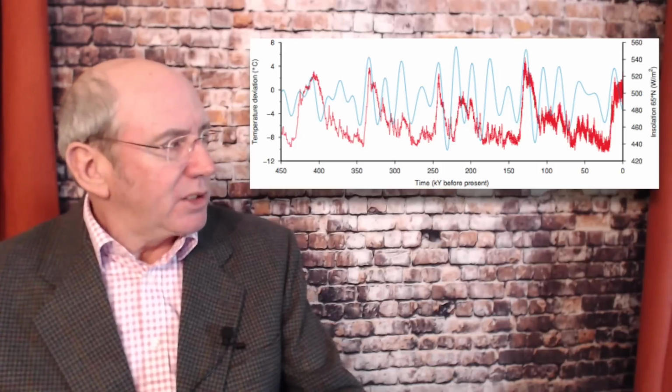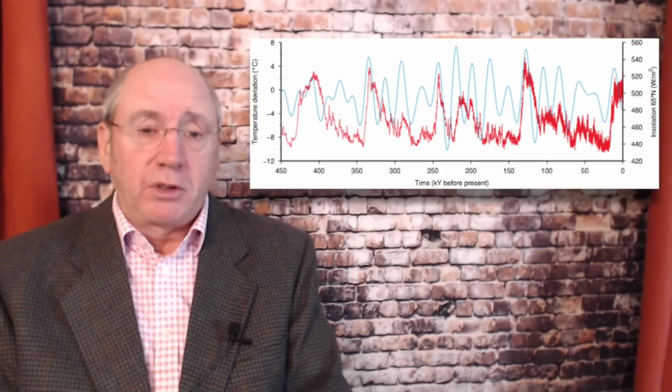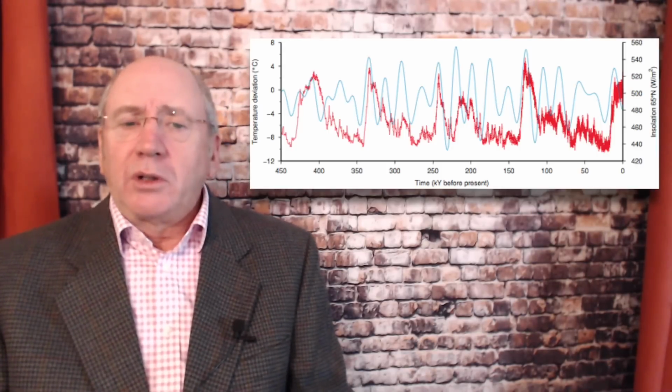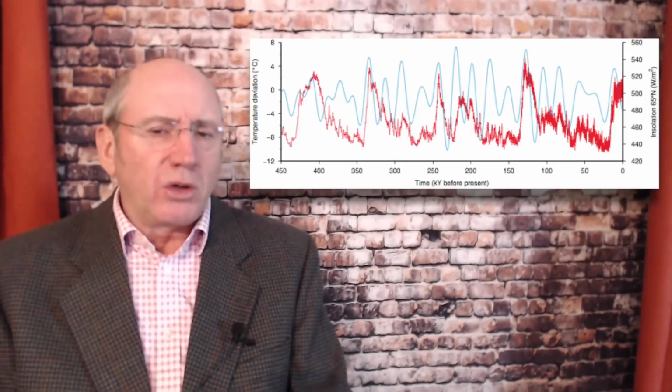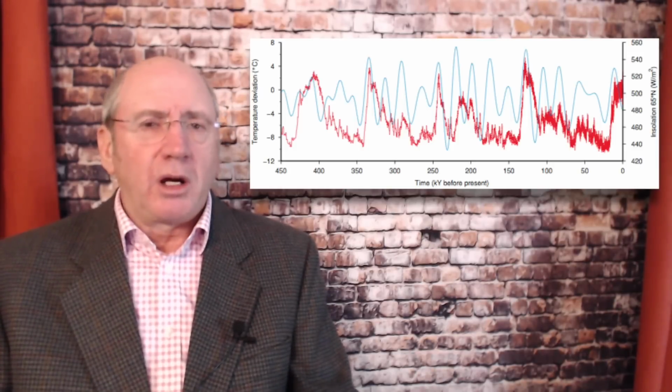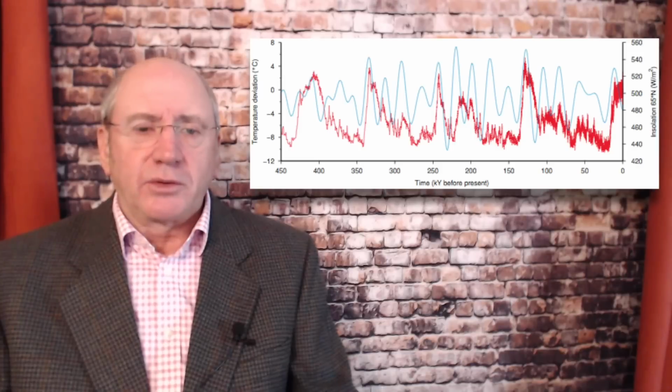But, and here's the but, many of those blue peaks do not give warming. Several of those blue peaks, if you look at them, give no warming whatsoever. So the Milankovitch cycle, the orbital cycle, is not the full answer to the Ice Age problem, because we are missing several cycles.